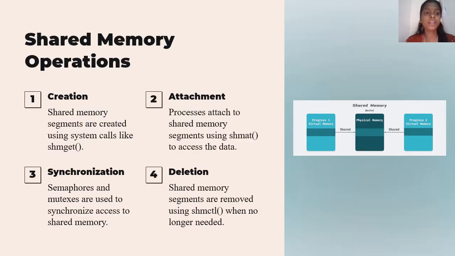And the next is shared memory operations. In this we can see the four types of shared memory operations. The first one is creation. Shared memory segments are created using system calls like shmget.